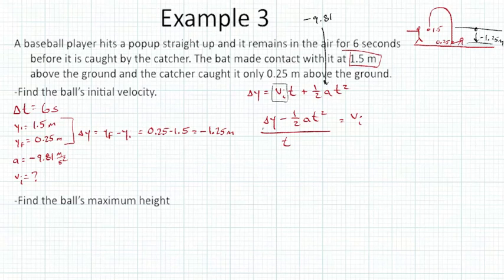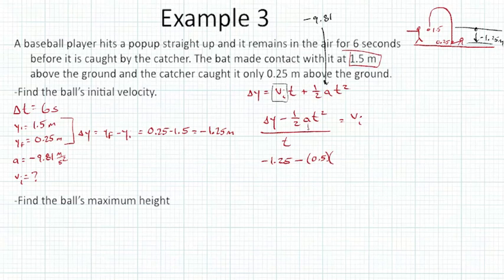Well, what are these values right here? Well, we calculated out our delta y already. That's negative 1.25. Now, here's where we want to make sure our signs are right. We're still going to subtract 1/2, and instead of writing 1/2, I'm just going to put 0.5 times a.